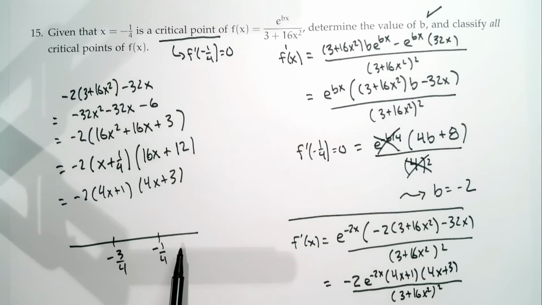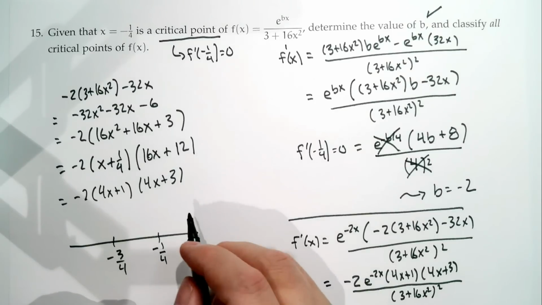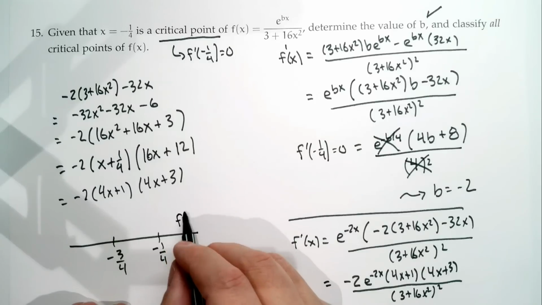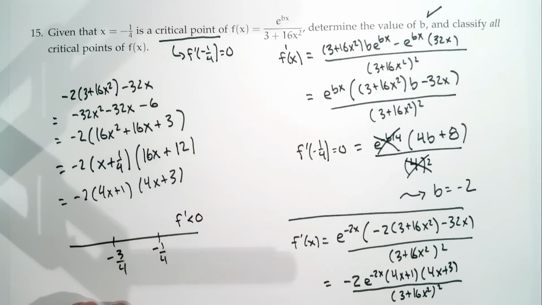Suppose we test something above negative 1/4. Any convenient numbers there? 0, 1. Plug in 0. We get negative, positive, positive, positive. Downstairs is always positive. So that says that our function here is negative, so it's decreasing. So f prime is negative between negative 1/4 and negative 3/4.